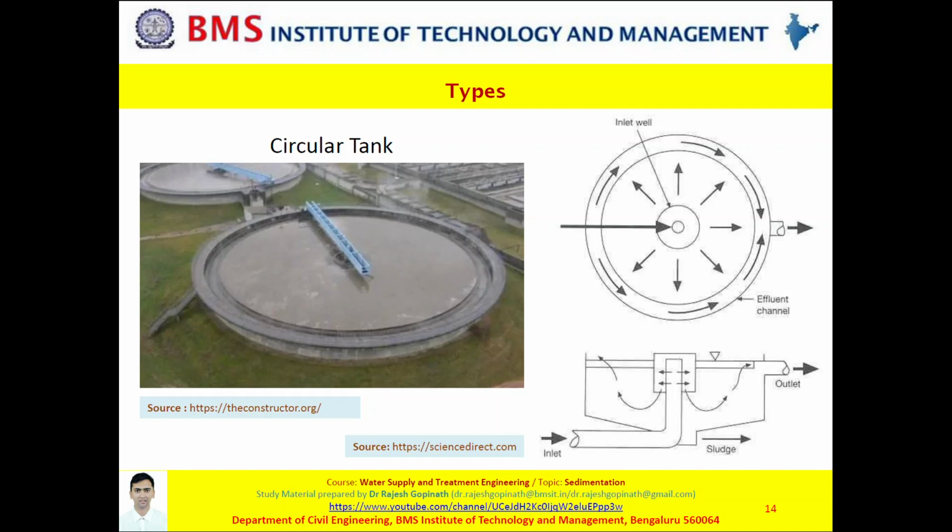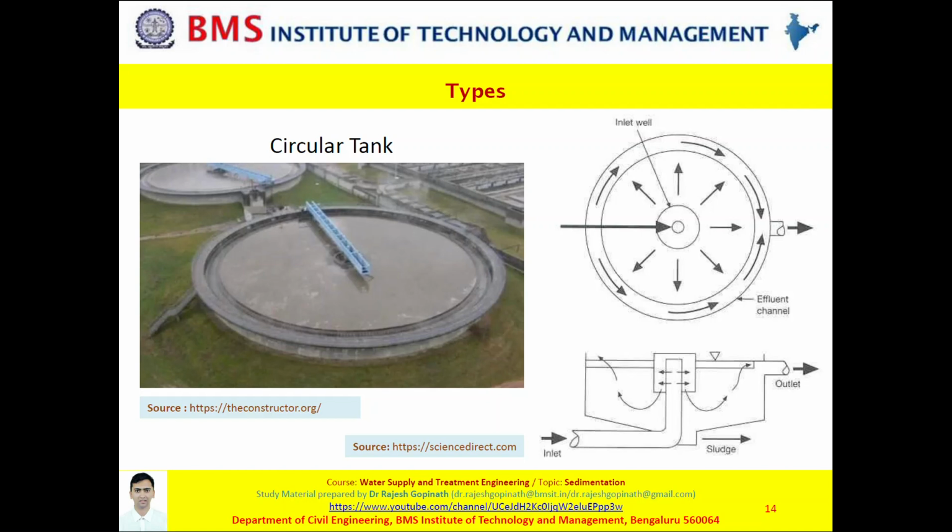Also, mechanical sludge scrapers are provided to collect the sludge, and then this collected sludge is carried through a sludge pipe provided at the bottom. Circular tanks, when you compare to a rectangular settling tank, are uneconomical. But the greatest advantage they offer is a very high clarification efficiency.